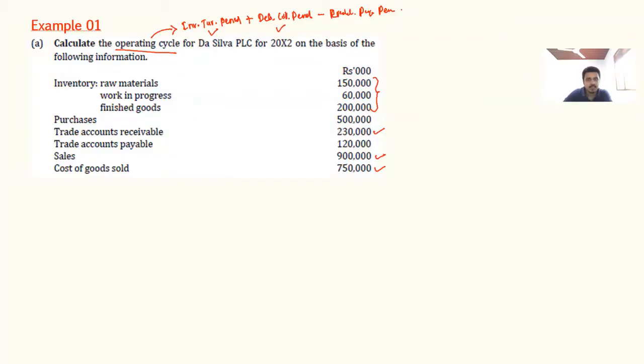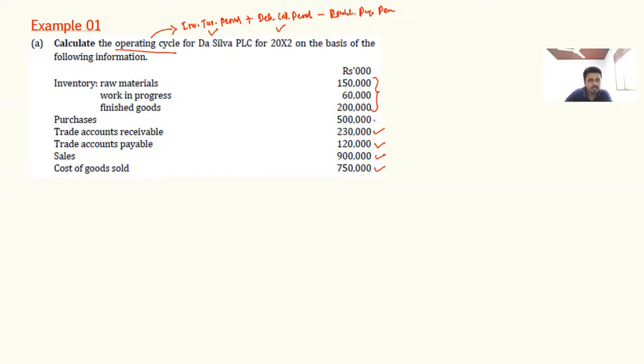Then creditors payment period. How to calculate that? Average creditors over credit purchases into 365. Trade accounts payable means the creditors value is 120,000.